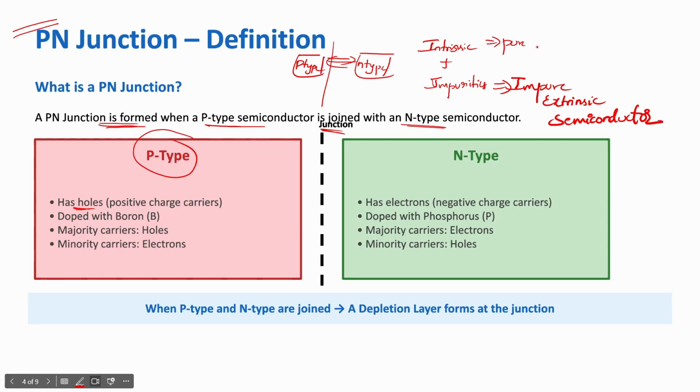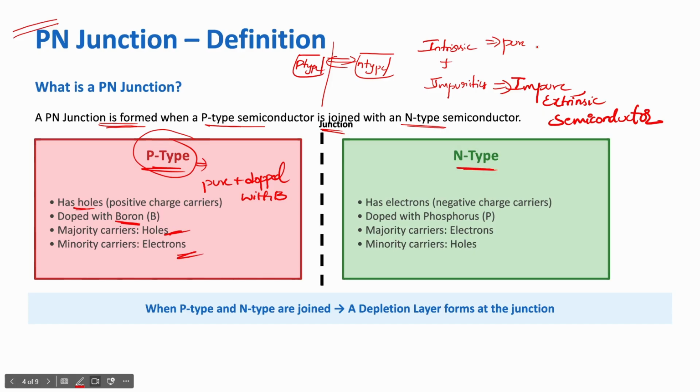So here for getting p-type, pure silicon is doped with a boron atom. Then it forms a p-type semiconductor. So the pure form of silicon is doped with trivalent impurities, that is boron. Majority carriers in the p-type are holes and minority charge carriers in the p-type are electrons.